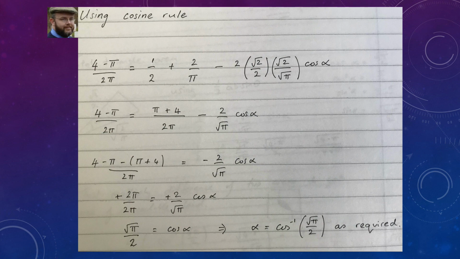So now that I've worked out all three lengths of my triangle, it's a doddle to use the cosine rule, and I've set it up there. You can see a squared is equal to b squared plus c squared minus 2bc cosine alpha, and tidying it up, I think the algebra comes out quite nicely, and we end up with alpha equals arccos of root pi over 2, as they required.